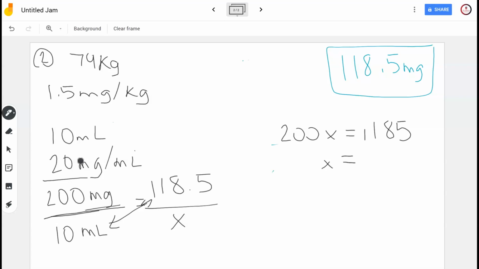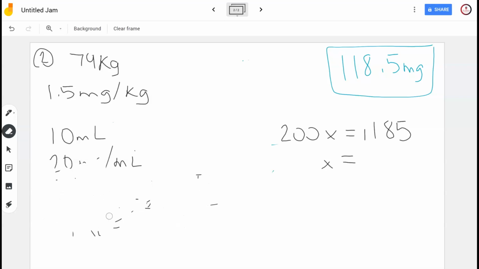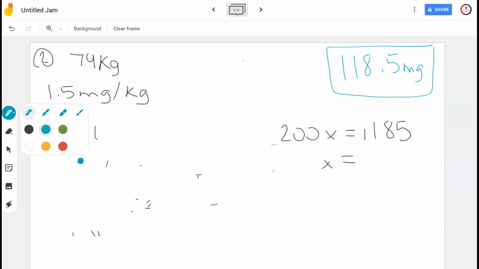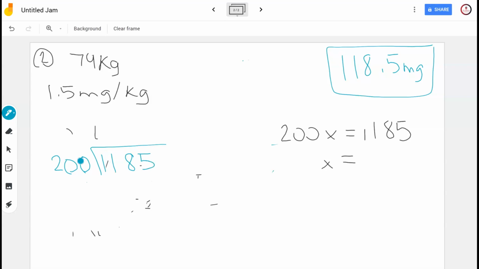So x equals 1185 divided by 200. So 200 goes into 1185 5 times, right? So remember, quarters. 1,000.